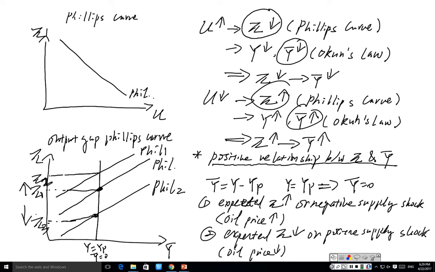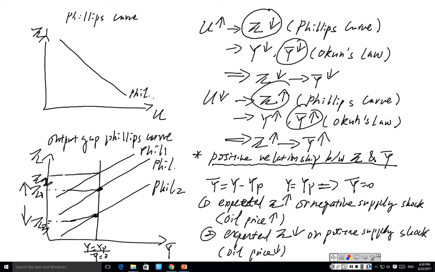And some of you may ask the question, why the output gap here will remain the same? And remember, when we show the output gap here, real GDP equals potential GDP, change of the price cannot affect the potential GDP. And we know this from the previous chapter.